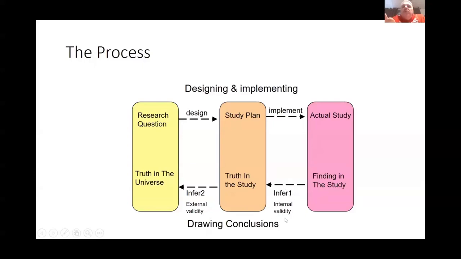First of all, I make inference one, which will fulfill the internal validity. What do I mean by internal validity? That means that for the study population that I collect my data from, I can reflect the result to the source population from where I pick up my patients.